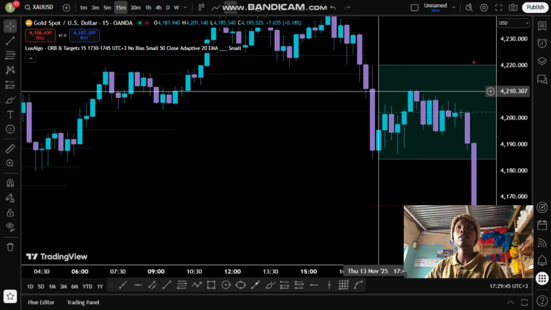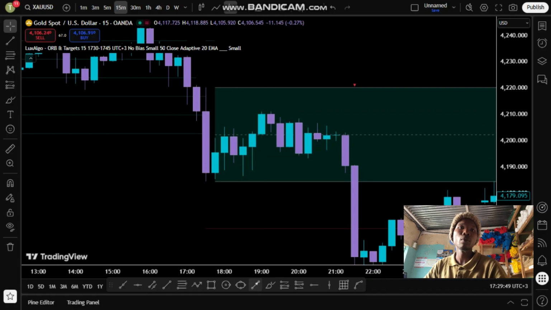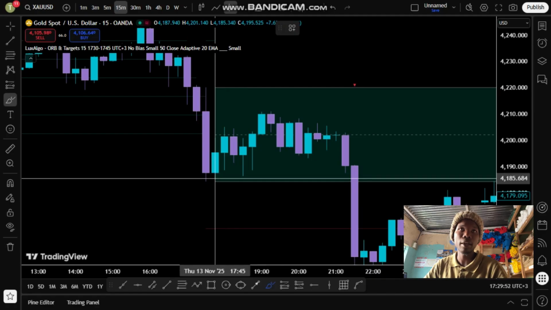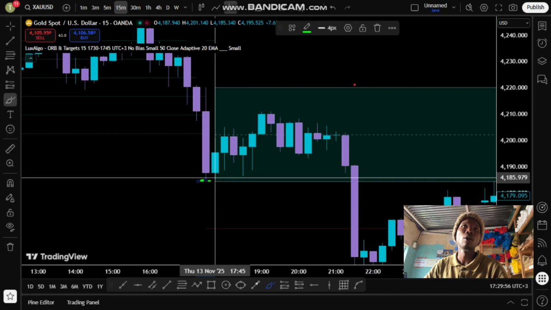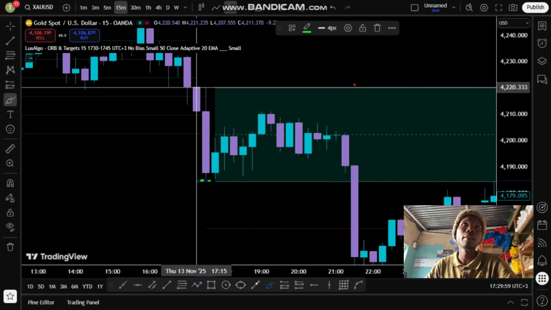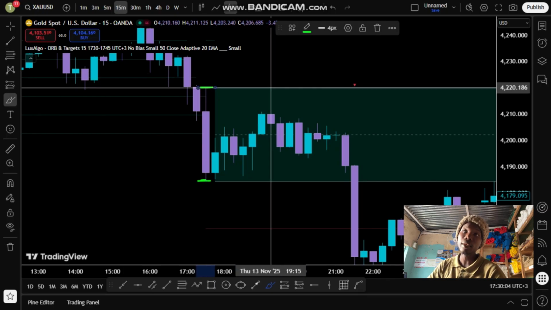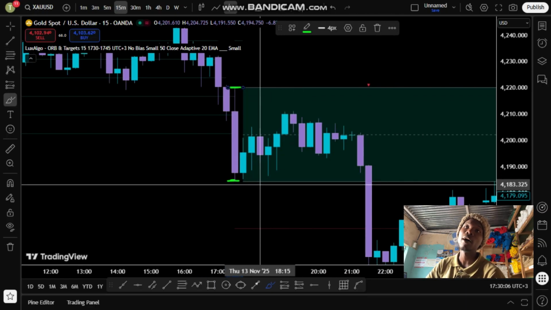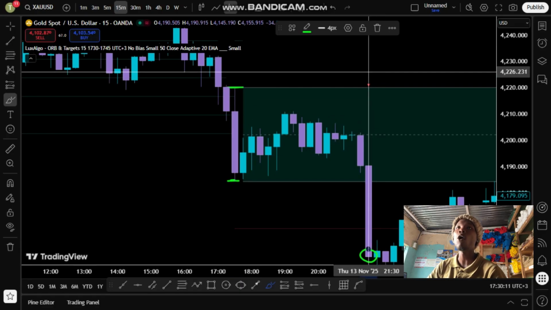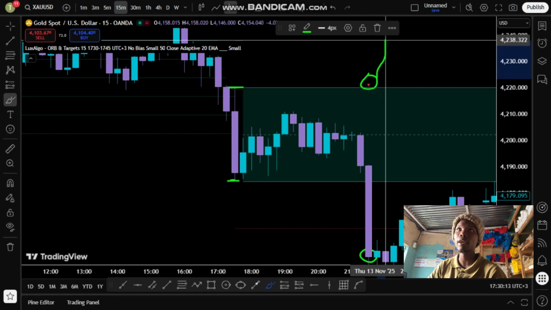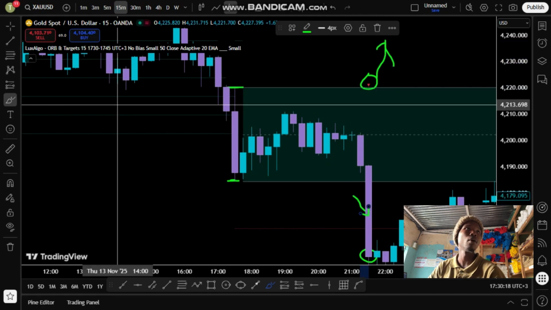This was the 15-minute candle, this one, okay? What you're going to do is mark the low of that 15-minute candle and the high of that 15-minute candle, and then wait for a candle either to close below or above the range, so that you can either take your buy or take your sell, okay?